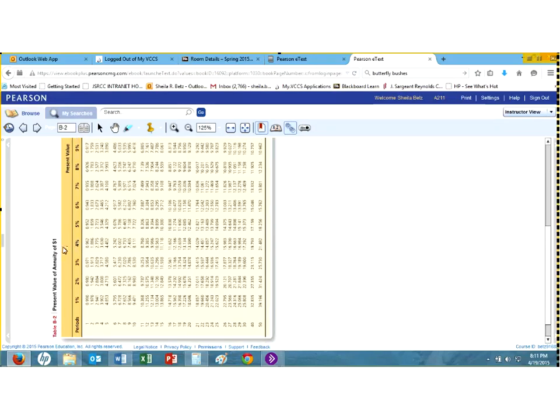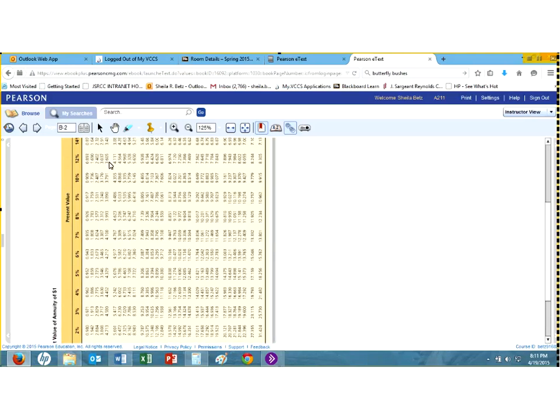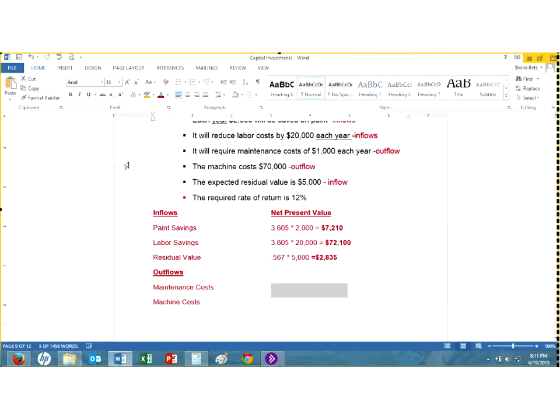So we use these tables for cash inflows and outflows. I'm going to go to row 5, scroll over to the 12% column, and use the factor 3.605. I'm going to take that $1,000 that's going to happen each year times 3.605, and that's an outflow, so I'm going to put parentheses around that.